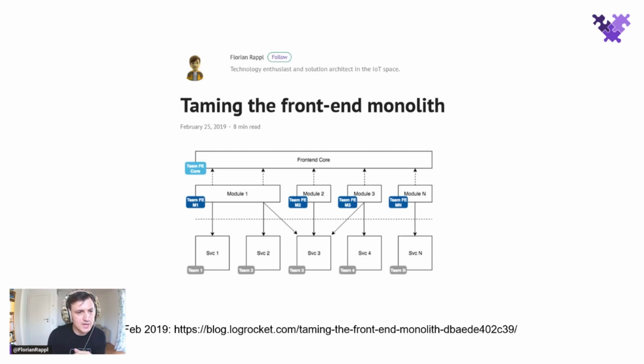And so in February 2019, I wrote a blog post for LogRocket called Taming the Frontend Monolith, and that was the start of what we called already back then Piral, a framework for micro frontends.